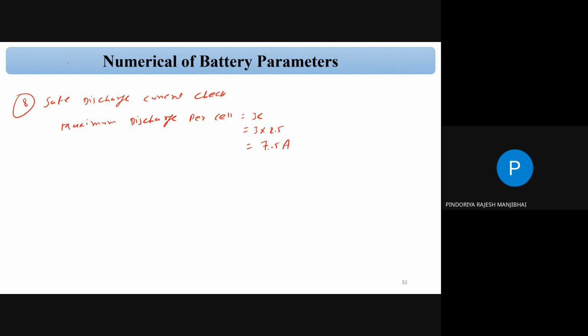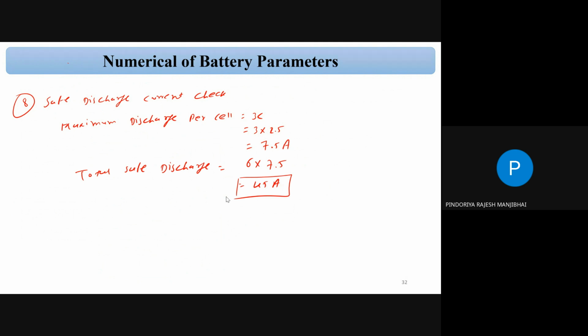So total safe discharge is 6 into 7.5, 45 ampere. So any student now comments for this question.